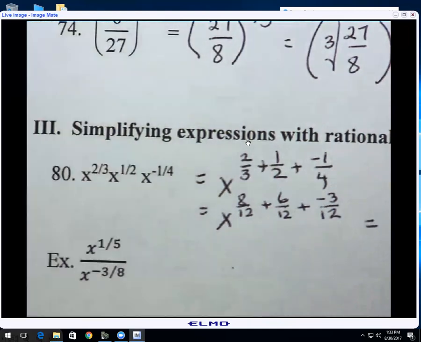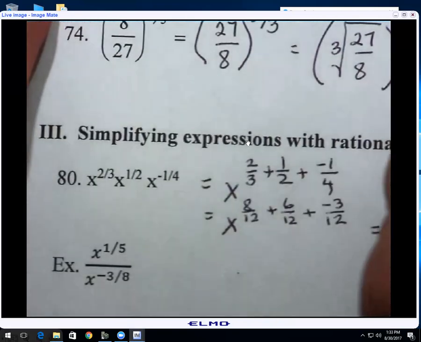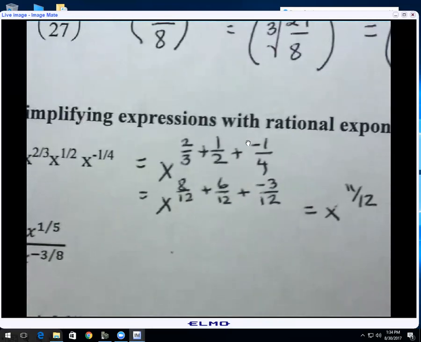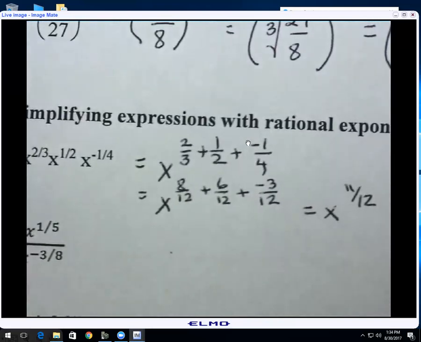This is just if I'm trying to do it on paper. If someone has stolen my fraction button, then I'm going to have to remember how to get common denominators and then say 8 plus 6 is 14, 14 minus 3 is 11. That's x to the 11/12. I have a fraction button.